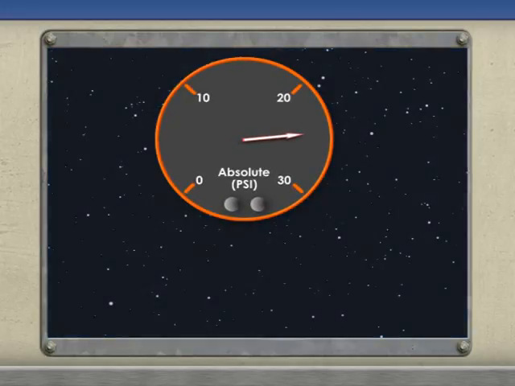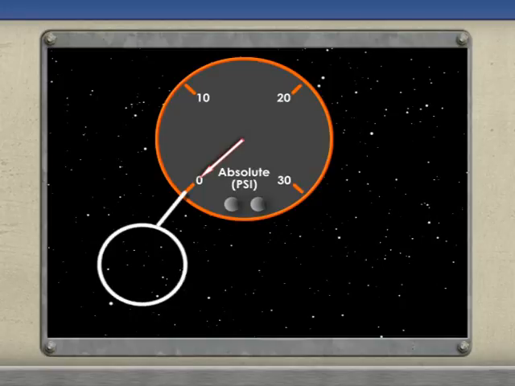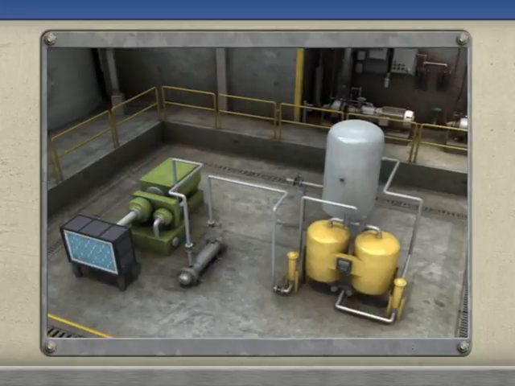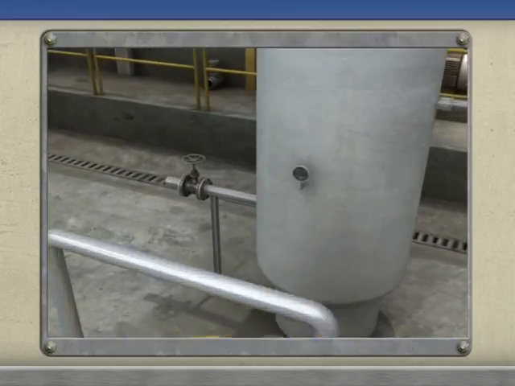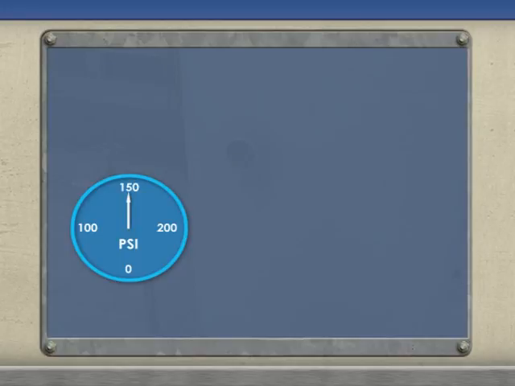The second method of expressing pressure uses the complete absence of pressure, such as in deep space, as its zero or reference point. An absolute pressure includes the pressure of the atmosphere in the reading. Thus, a gauge on a tank which indicates 150 psi is said to have a pressure of 150 psig, or pounds per square inch gauge.